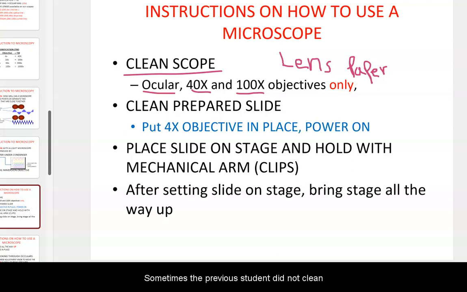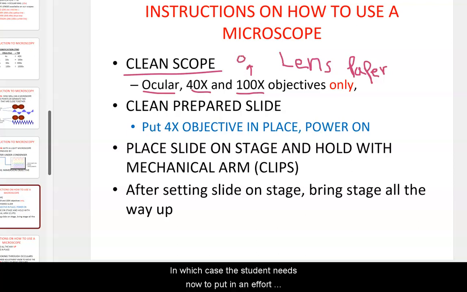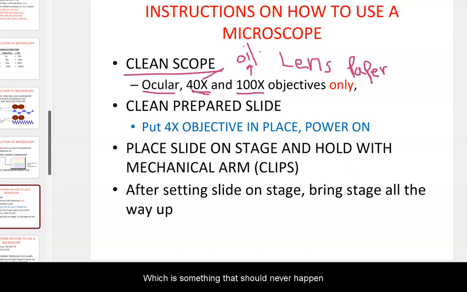Sometimes the previous student did not clean the objectives properly, and the 100x objective may still have oil in it, in which case the student needs now to put in a little effort to make sure that the oil is completely removed. Even a worse situation is if the previous student allowed oil in the 40x objective, which is something that should never happen.